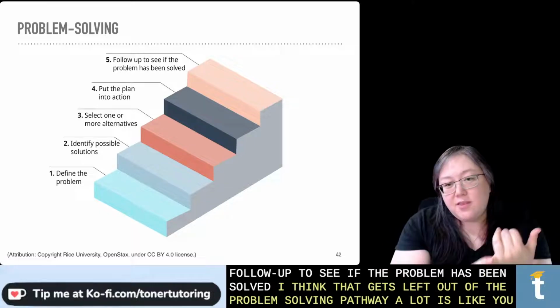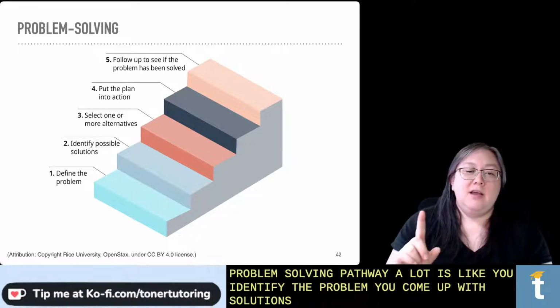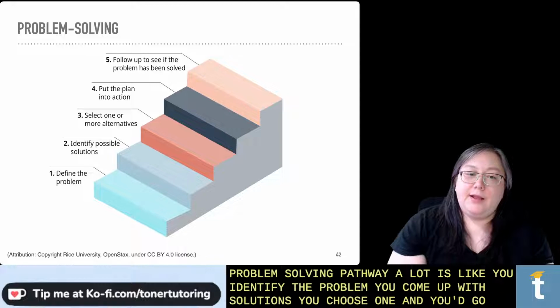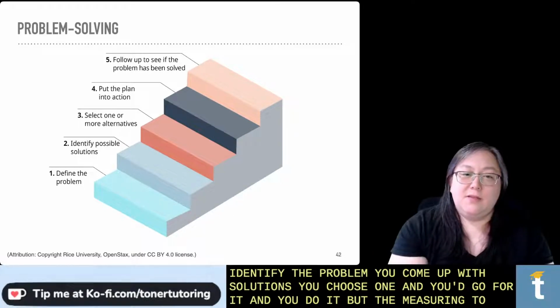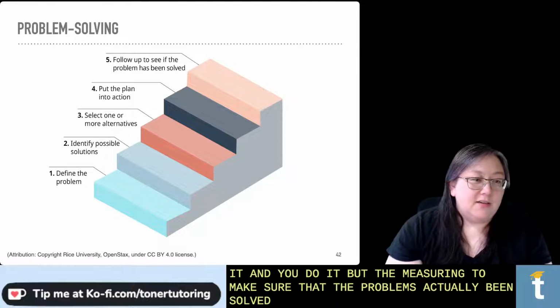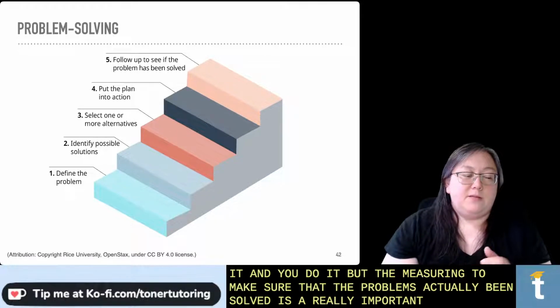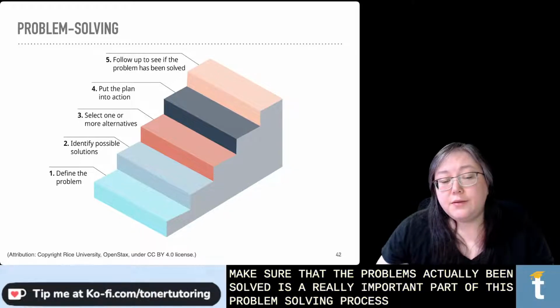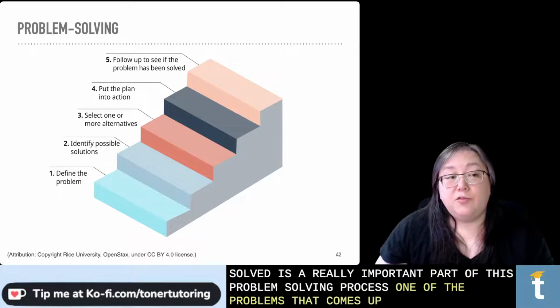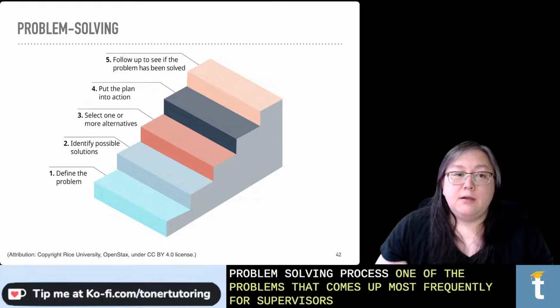It's like you identify the problem, you come up with solutions, you choose one and you go for it and you do it. But the measuring to make sure that the problem's actually been solved is a really important part of this problem-solving process. One of the problems that comes up most frequently for supervisors is performance problems.